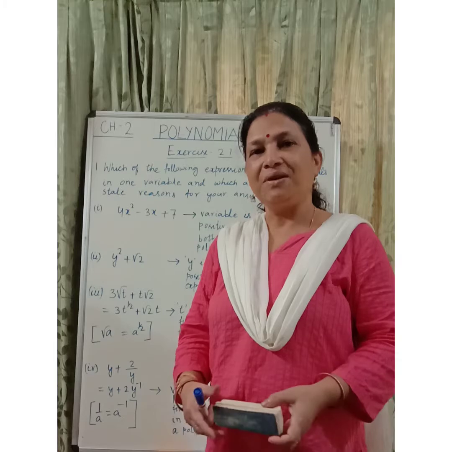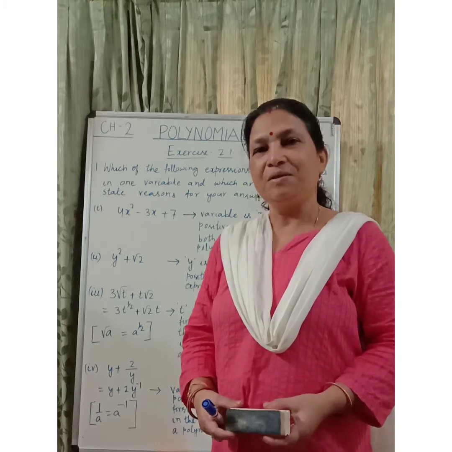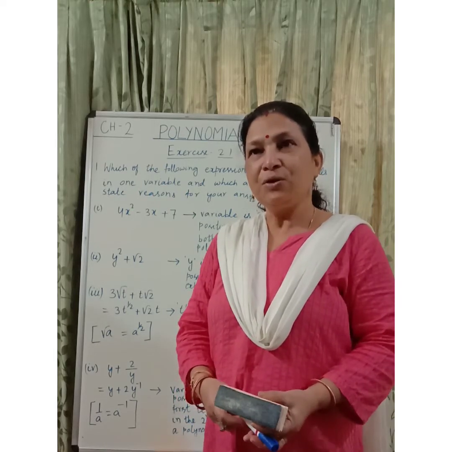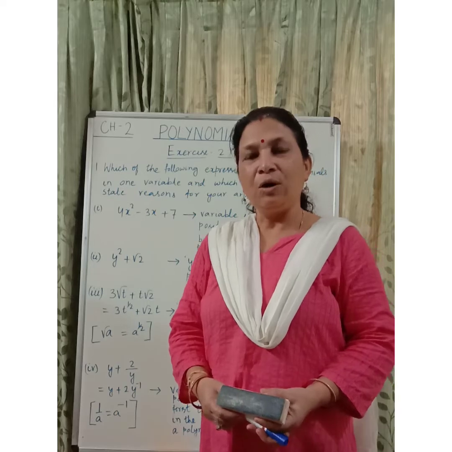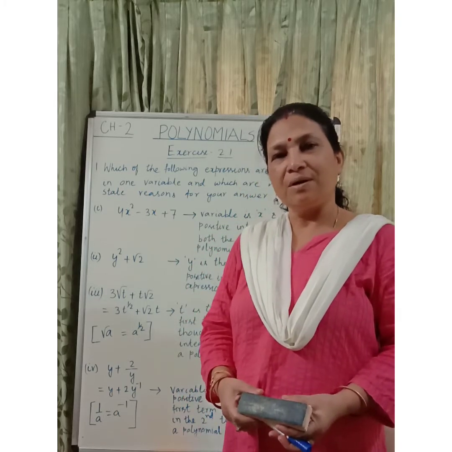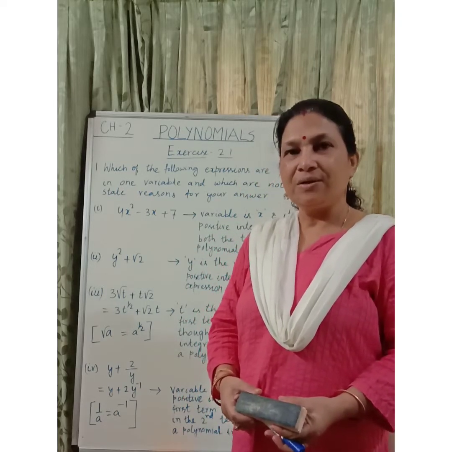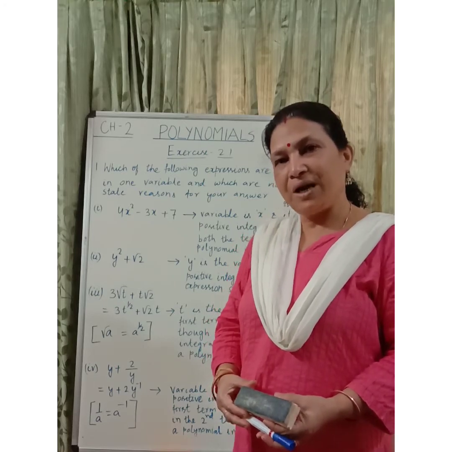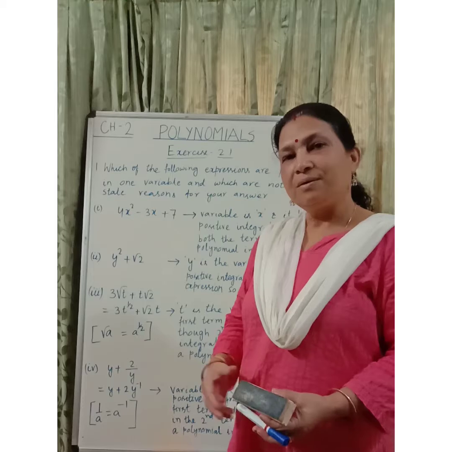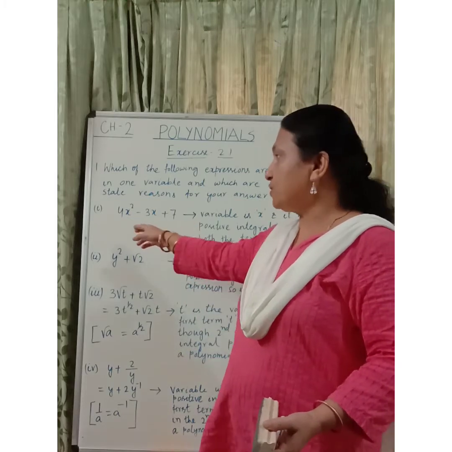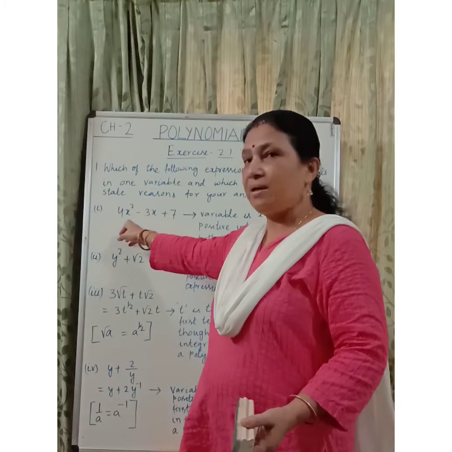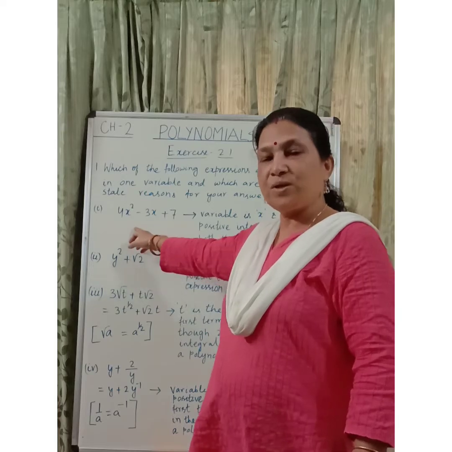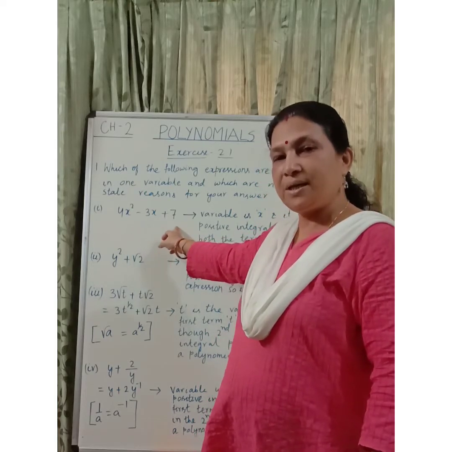Yesterday we had started second chapter, polynomials. We know what is a polynomial. All the expressions are not polynomials. So what are the polynomials? When we have any expression, like one example here, the variable used here is x.